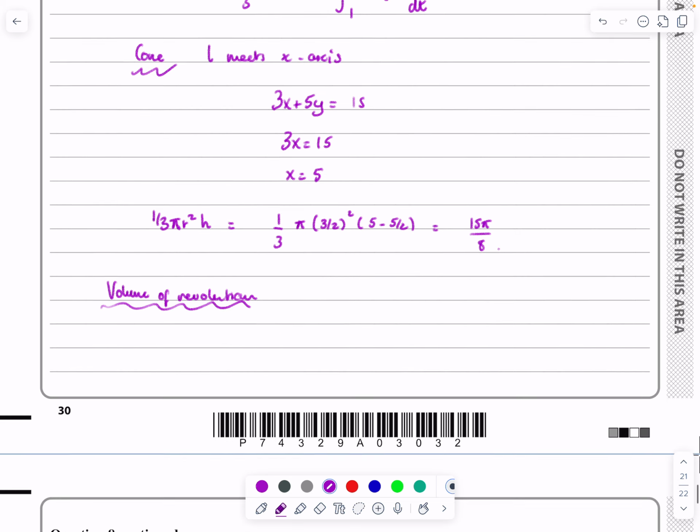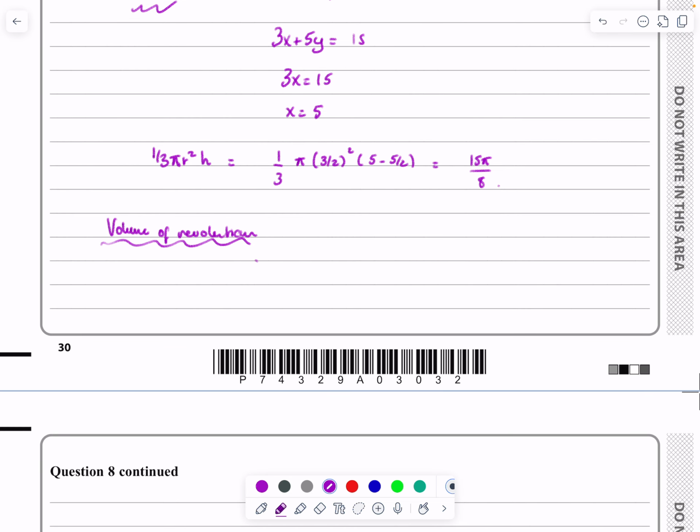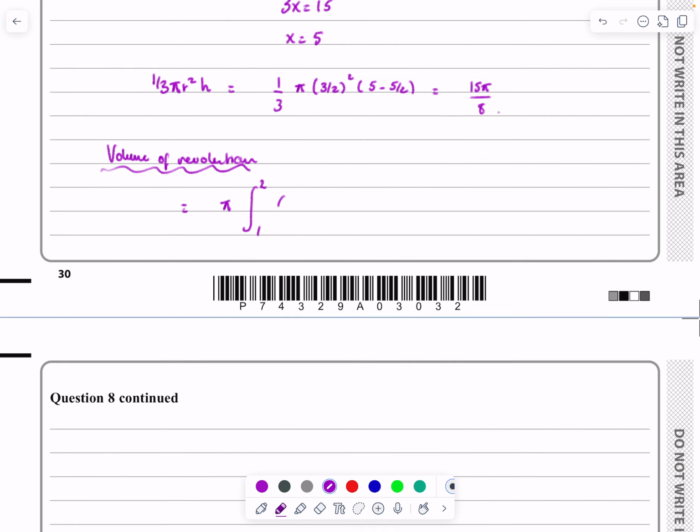For the volume of revolution, I've got the integral between 2 and 1. And let's take the pi out. But I've got pi y squared dx, so that's going to be y was t minus 1/t squared.